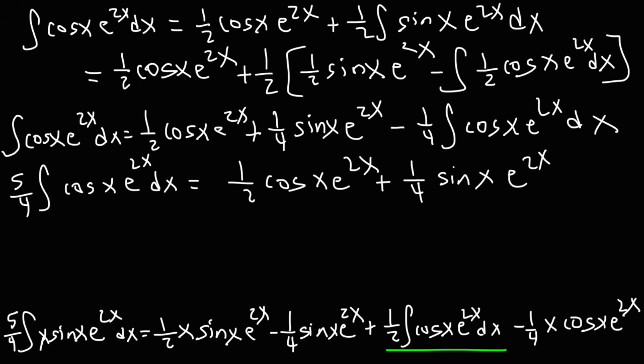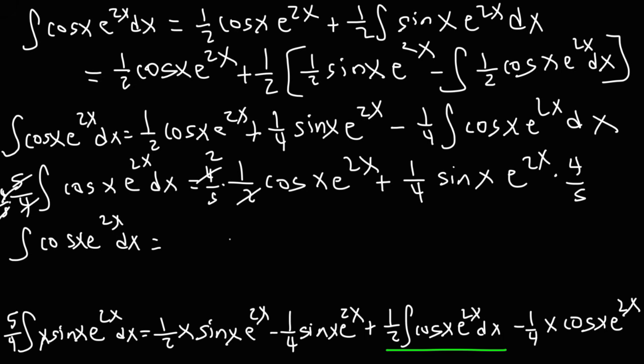Now, we're not trying to solve for 5/4 cosine x e to the 2x. We want to find the value of just one of it. So to turn this back into a 1, we need to multiply everything by 4/5. So the 4's cancel, the 5's cancel, and we're going to get our original expression. 4/5 times 1/2. 4/2 is 2, so this becomes 2/5 cosine x e to the 2x.